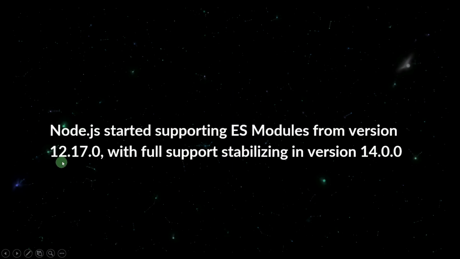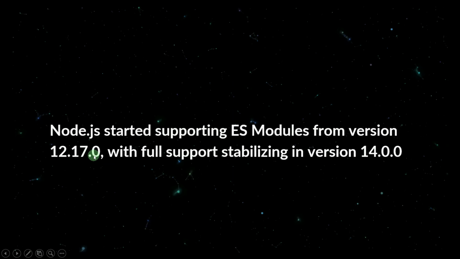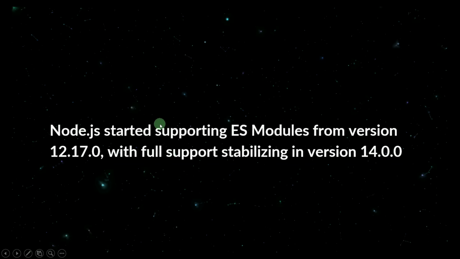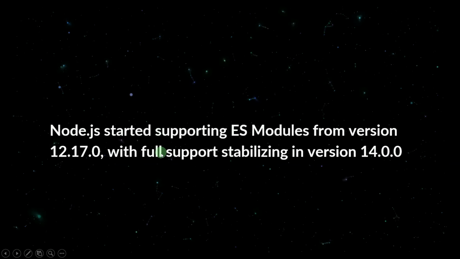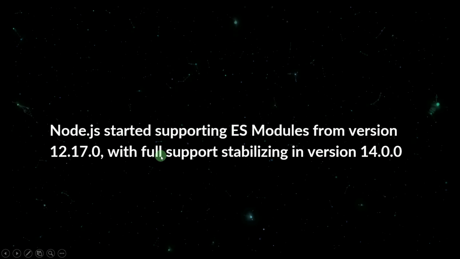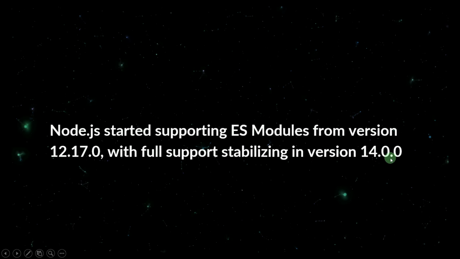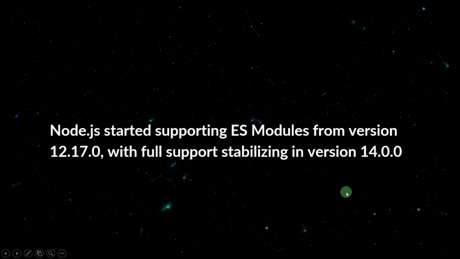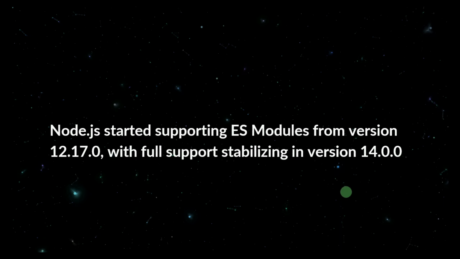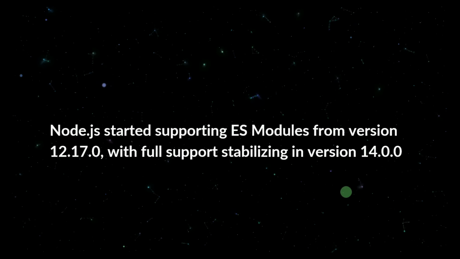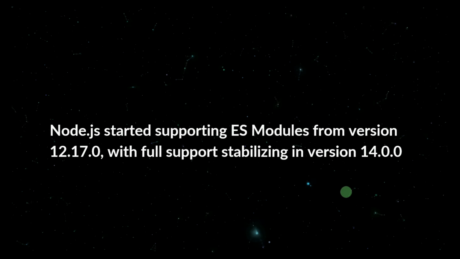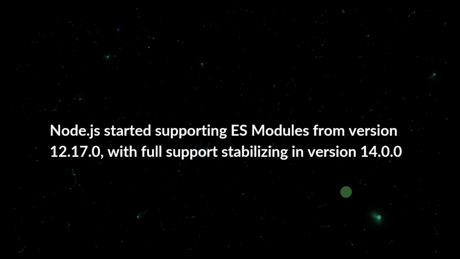From version 12.17.0, Node.js also started supporting this, but it was fully stabilized in version 14.0.0. But in most code bases, whenever we are using Node, we will be following the CommonJS module system.